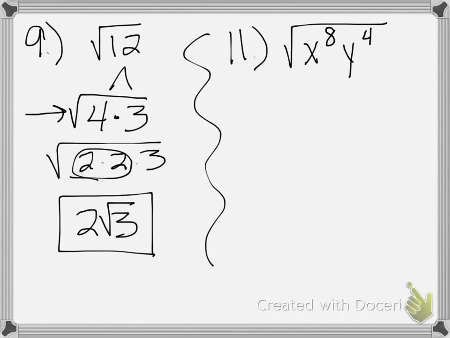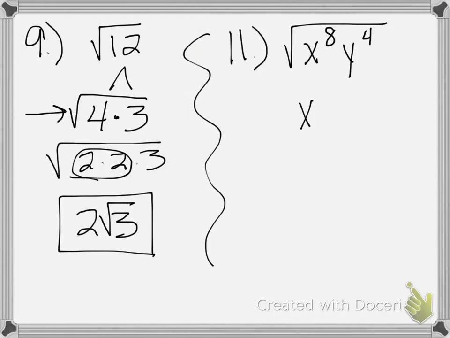Now all even exponents are perfect squares, because what times itself is x to the 8th? You've got to think about your exponent rules. Or if we expanded it and we had 8 x's all in a row, and we're doing square roots, and I ring up 2 at a time, I've got x to the 4th.